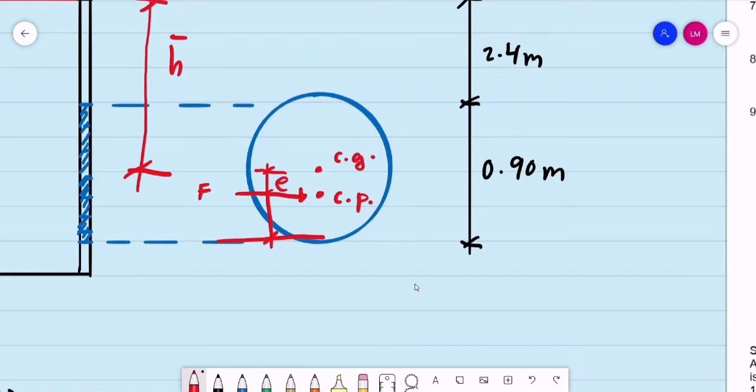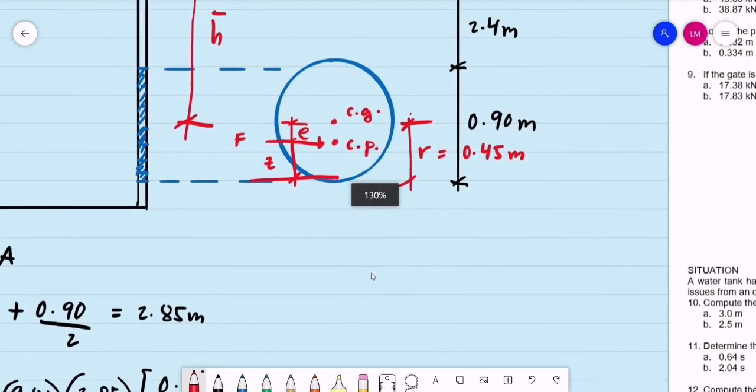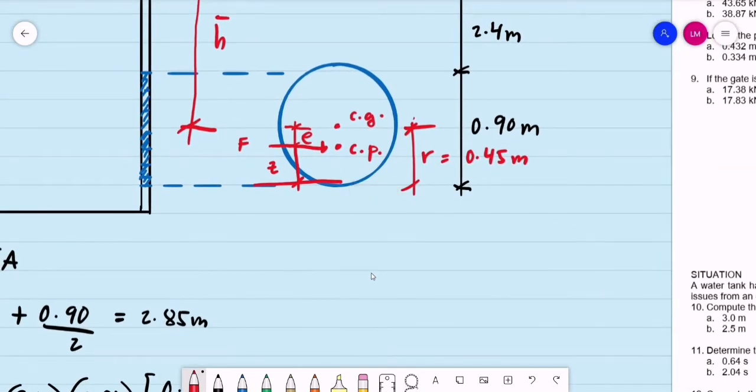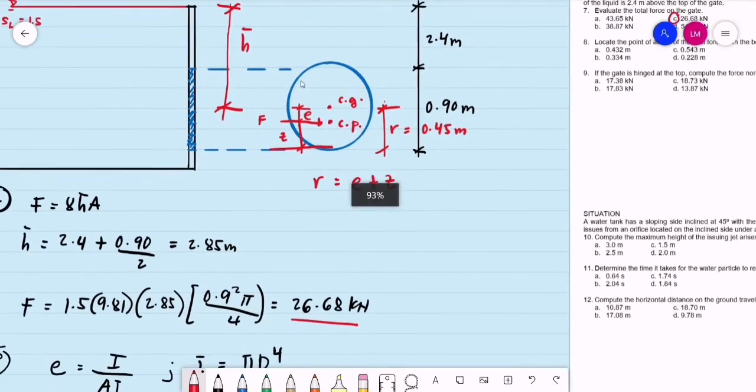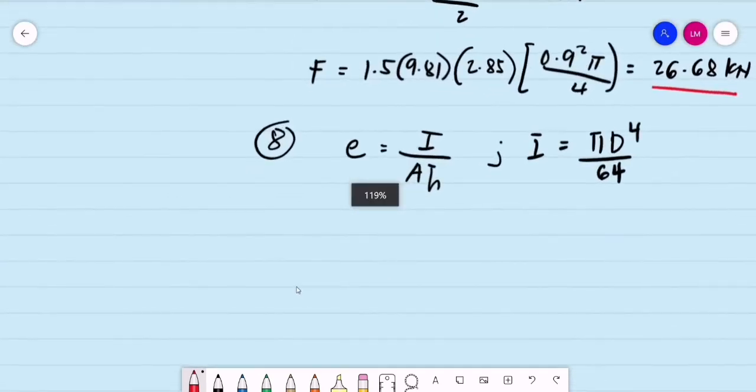So, ilagay ko na lang siya as distance z. So, di ba alam natin na mula sa center of gravity papunta dito sa ilalim ng gate is basically equal to the radius. Ano ba yung radius nito? 0.9 yung diameter. So, the radius is 0.45 meter. So, basically, yung equation na relation nung tatlo, that is yung radius ay equal dun sa eccentricity plus yung required na z. Okay? So, kunin muna natin yung eccentricity.